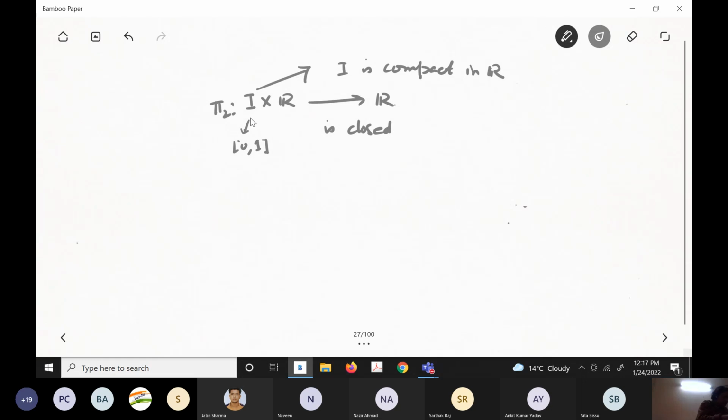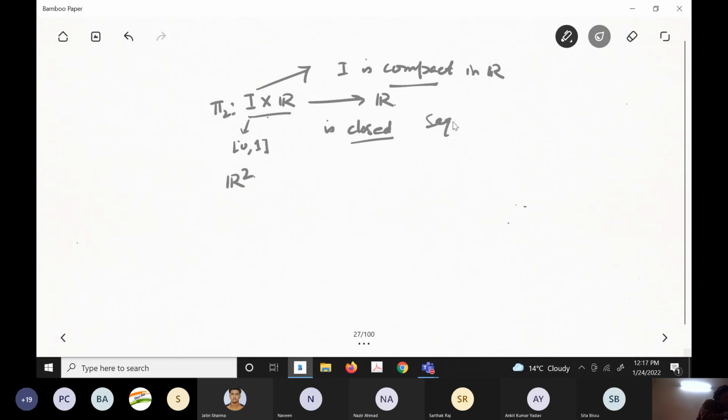So you can take the product metric, that is, this is a subset of R square with the usual product metric topology. That will give you the product topology. Let me put that question there. So this will be closed, but you need to use the sequential characterization of closed sets and compactness here.